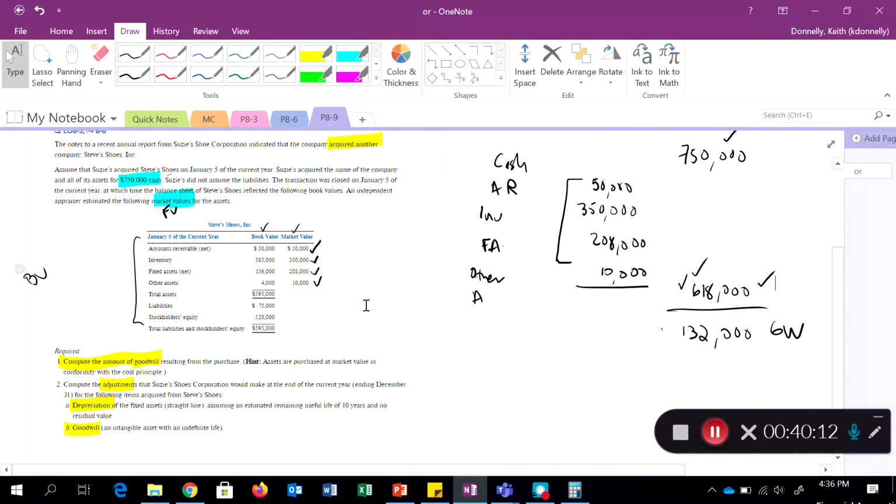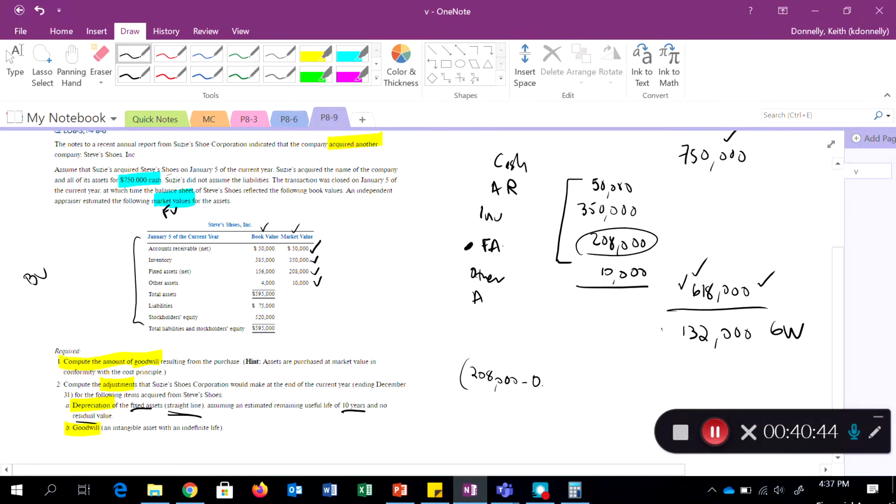Now, what they want us to do here is record depreciation on the fixed assets. So here's the fixed assets right here, 208,000. Let's take care of that. And they're using straight line. So how we would calculate the depreciation expense, our cost would be 208,000, remaining useful life 10 years, no residual value.